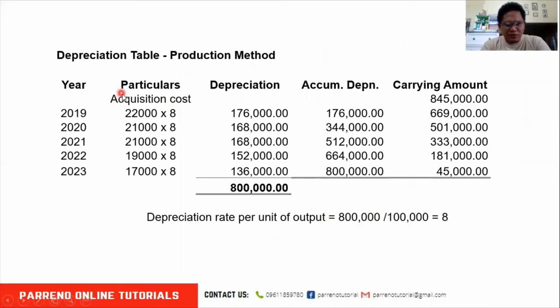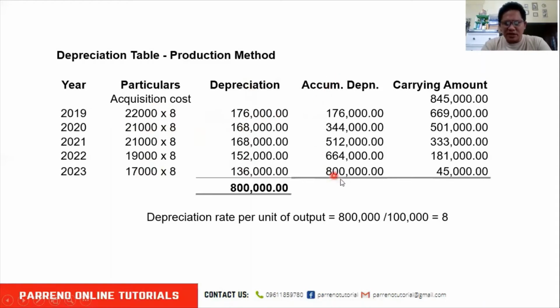Units produced per year times the depreciation rate per unit, you will get your depreciation for that particular year. So units produced in 2019 times 8, you will get this depreciation expense. Likewise for 2020, 2021, 2022, and so on. So these are your depreciation expenses.